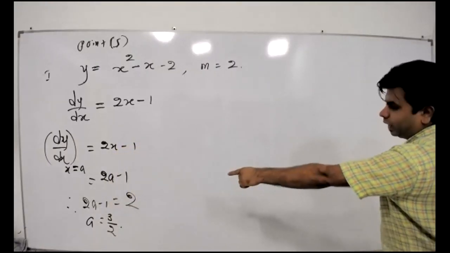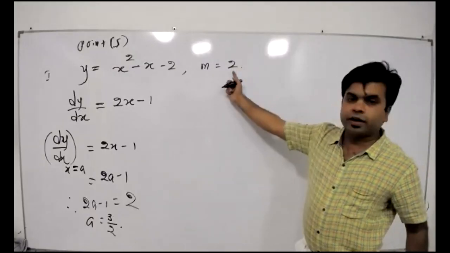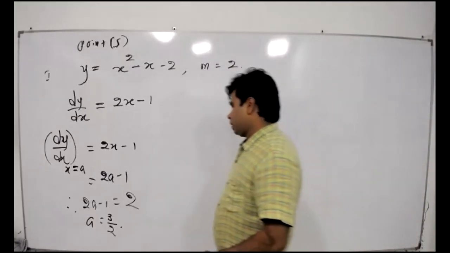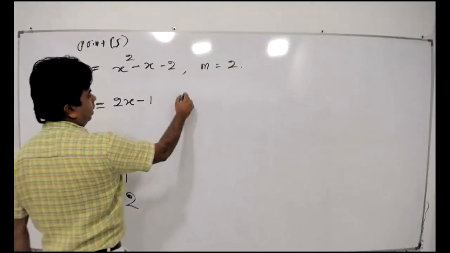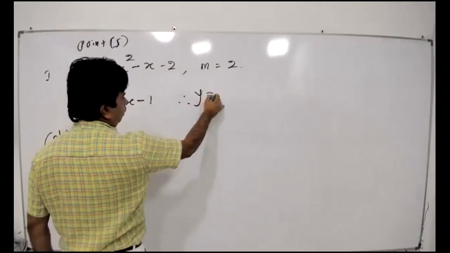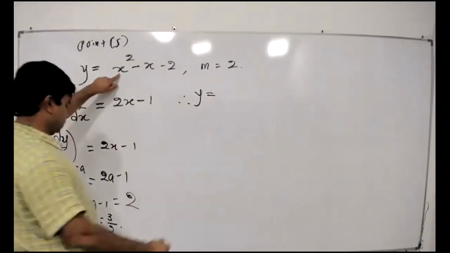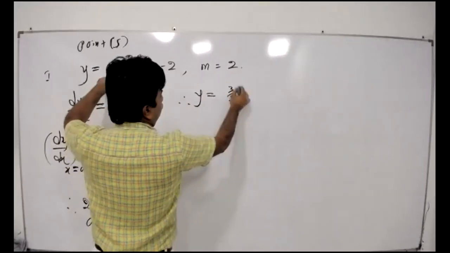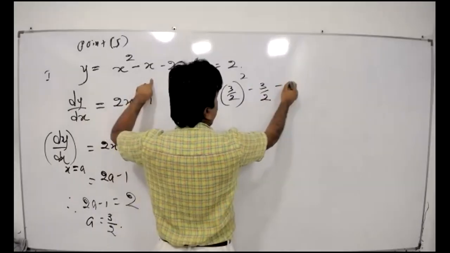Now, we know the exact x value on the curve corresponding to this gradient 2. Then how can you find out the y value? Therefore, y equals 3 over 2 whole squared, minus 3 over 2, minus 2.